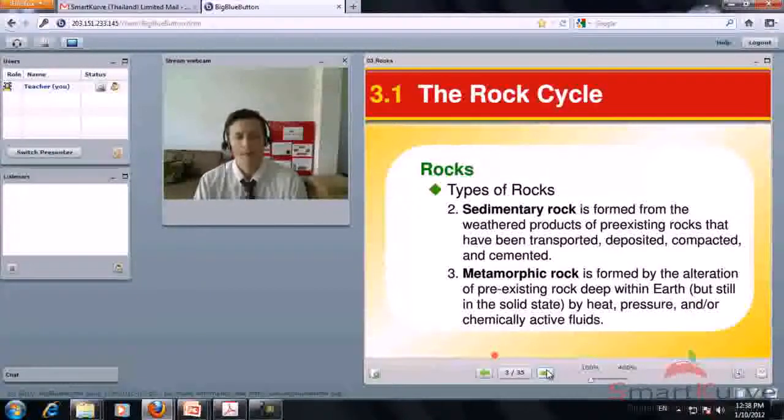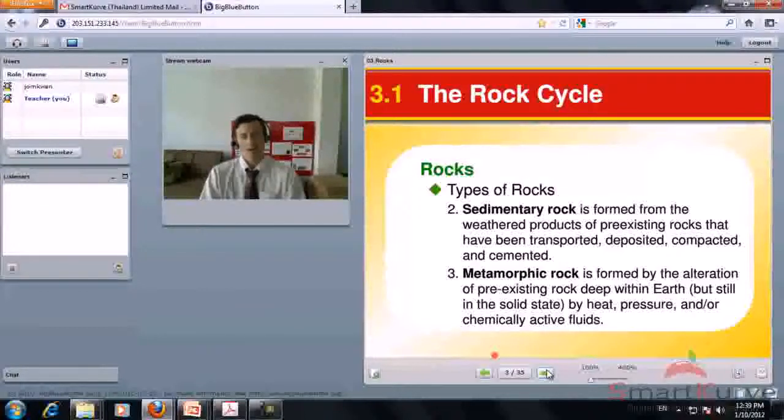The next type of rock we're going to talk about, sedimentary rock. Sedimentary rock is formed from the weathering products of pre-existing rocks that have been transported, deposited, compacted, and cemented. A lot of words there to look at. Transport simply means to carry.